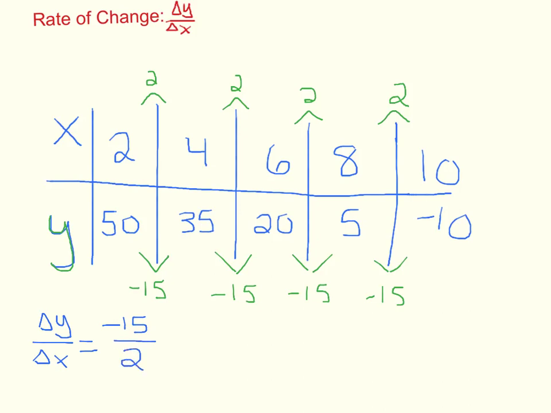And as you can see, that's going to be the same for each one. So, because the rate of change is constant, this is an example of a linear function with the rate of change of, you can leave it as negative 15 over 2, or you can change it to negative 7.5.